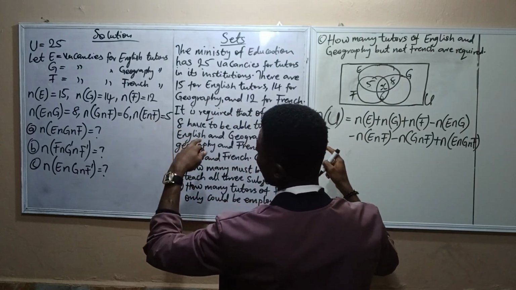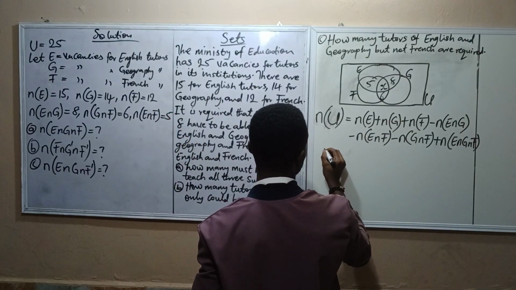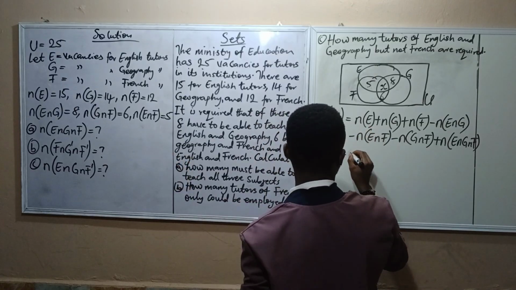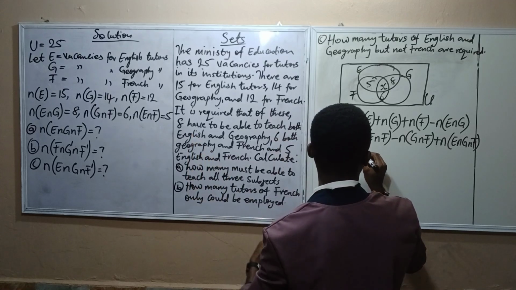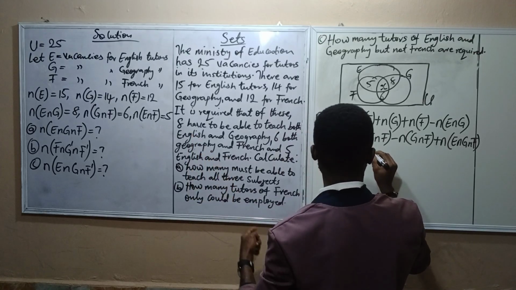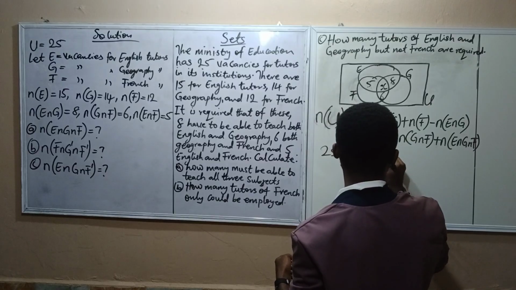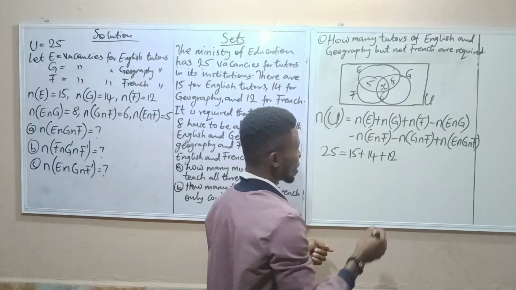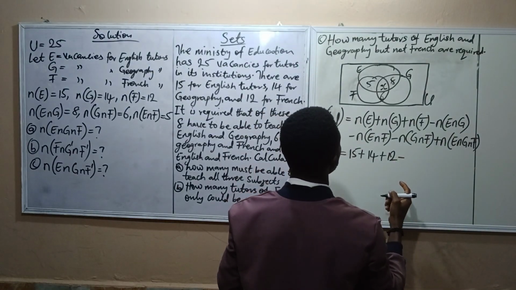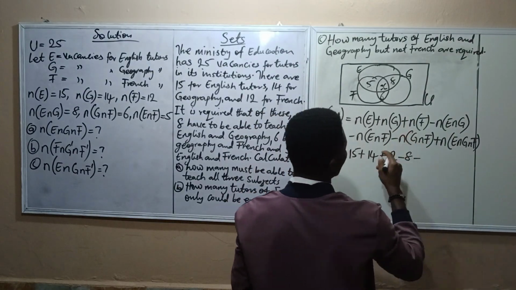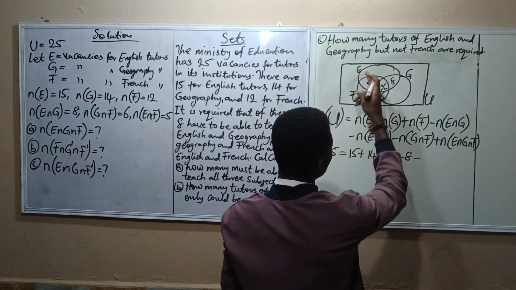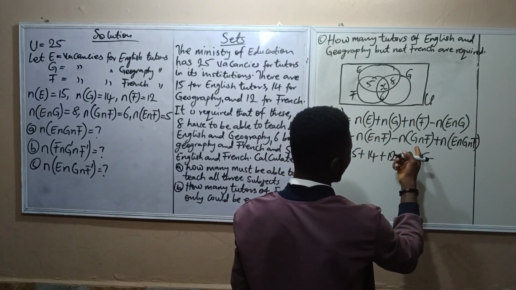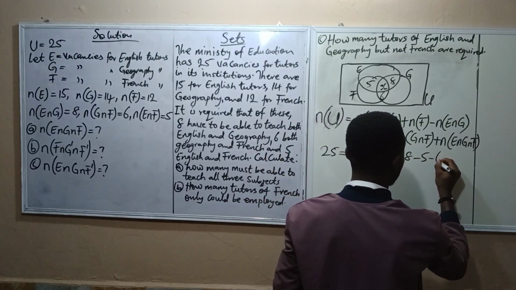Now, from the data given, number of universal set is 25. That is equal to number of E, 15, number of geography, 14, and number of French, 12, then minus number of English intersection geography, 8, number of English intersection French, 5, and number of geography intersection French, 6.